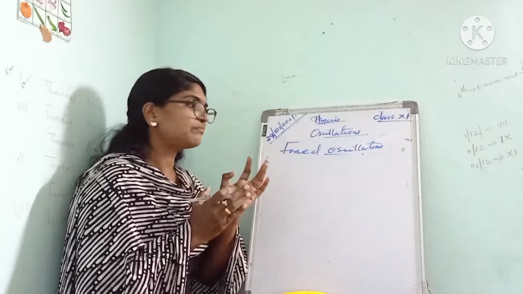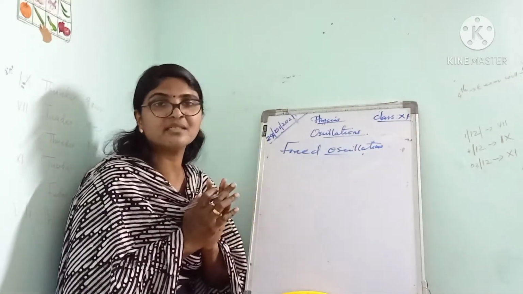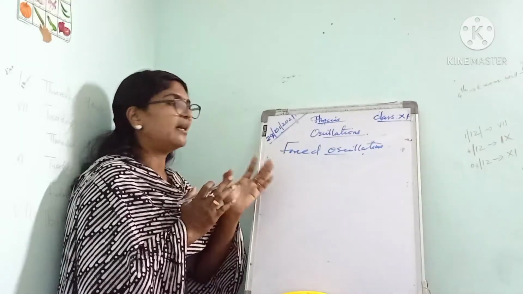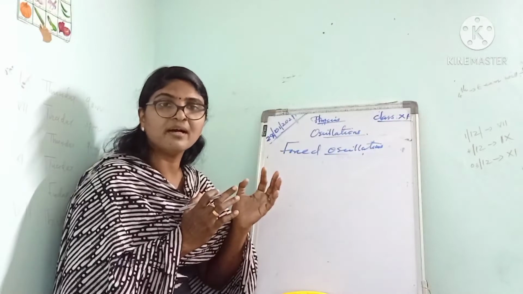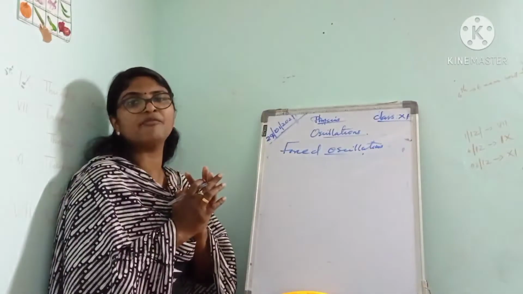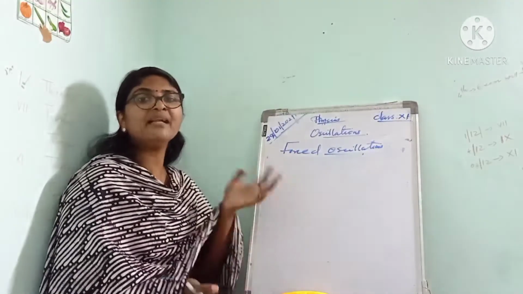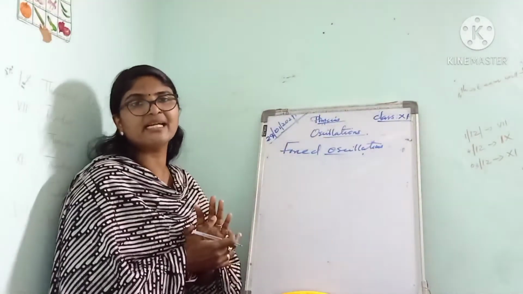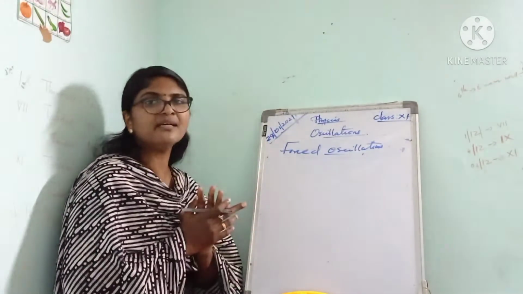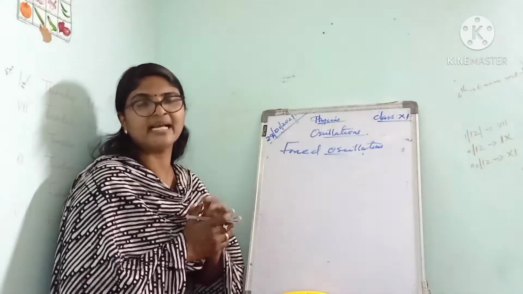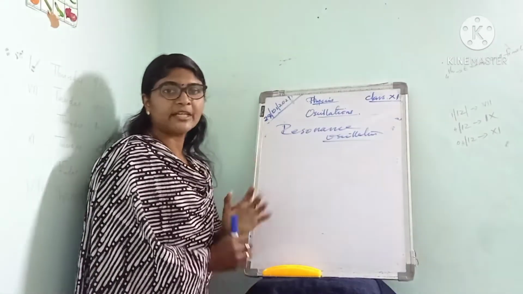If the oscillations are under the influence of an external periodic force, the particles vibrate not with the frequency of their own, but with the frequency of the external periodic force. Such oscillations are called what? Forced oscillations. Next, about resonant oscillations.